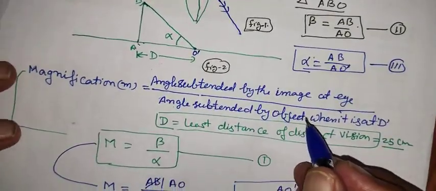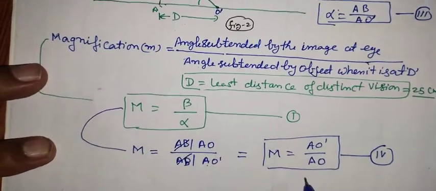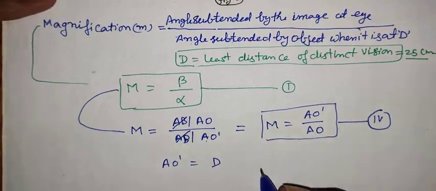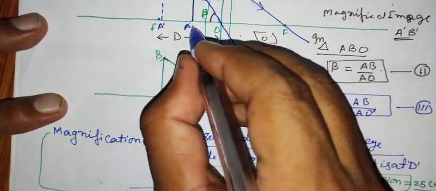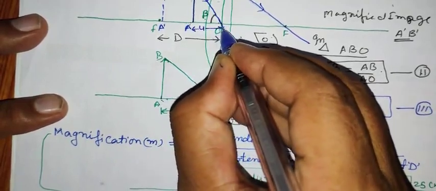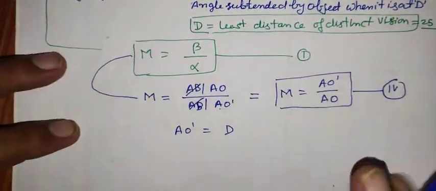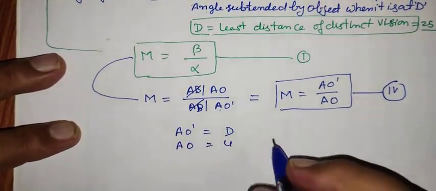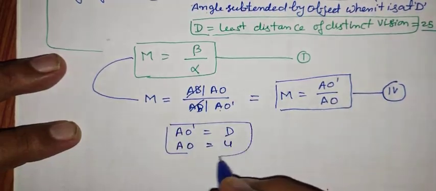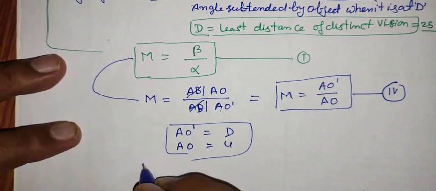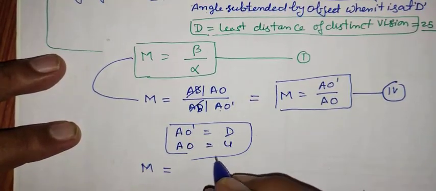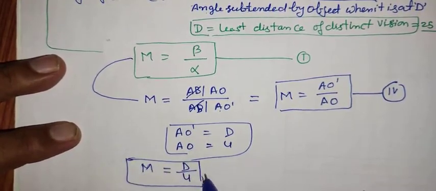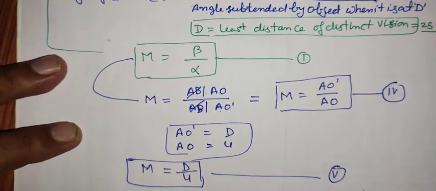So this AO dash is D, and AO, we know, is represented by U. So AO is U, and putting these values in equation number 4, magnification M can be written as AO dash upon AO, that is D by U. This is equation number 5.